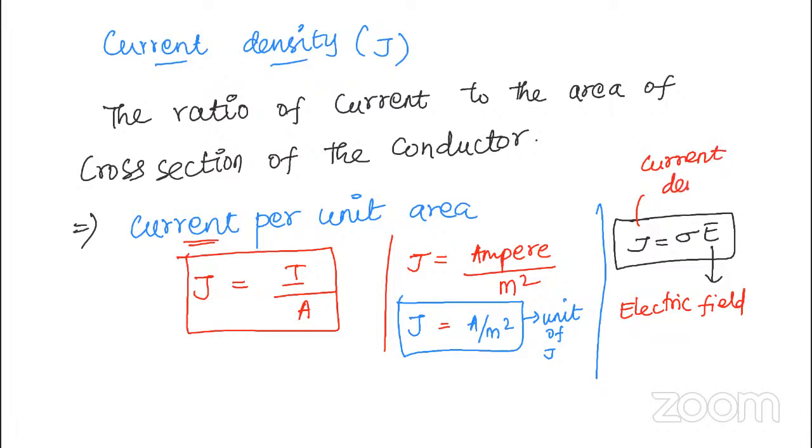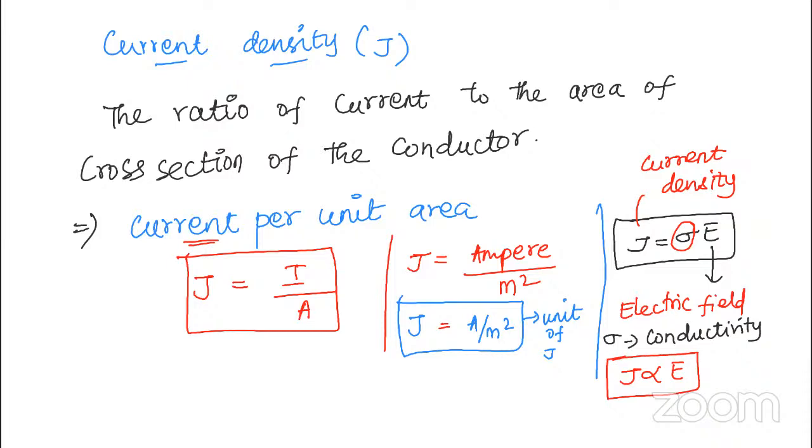You should keep in mind the relation J = σE. Here sigma is the conductivity, which is a constant. So J is proportional to E. This is a very, very important relation.